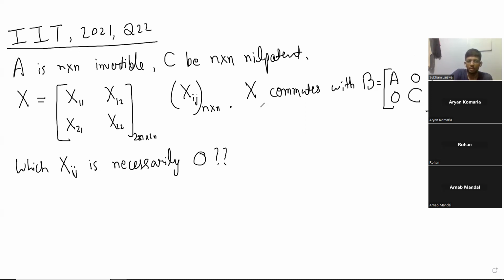So let us just try to write down what the commutativity implies. X commutes with B. Let's just write it and see what it implies. So we will just multiply them.